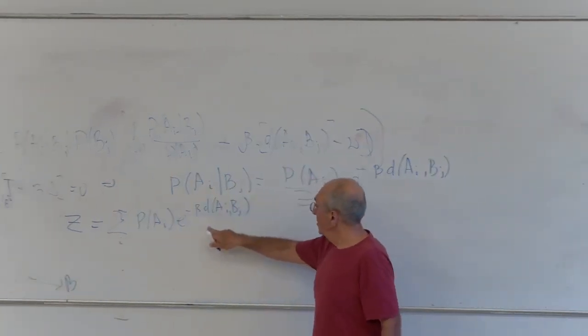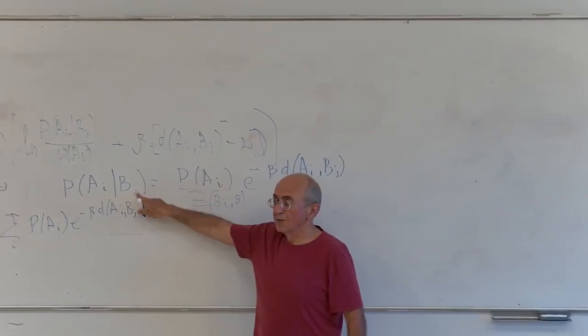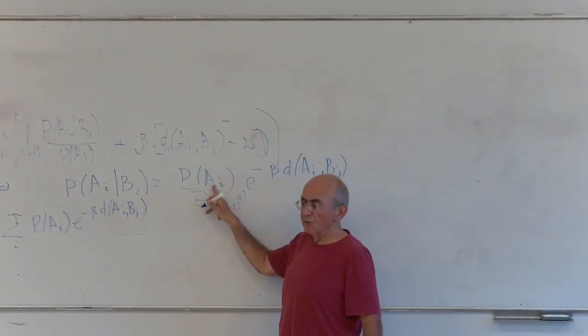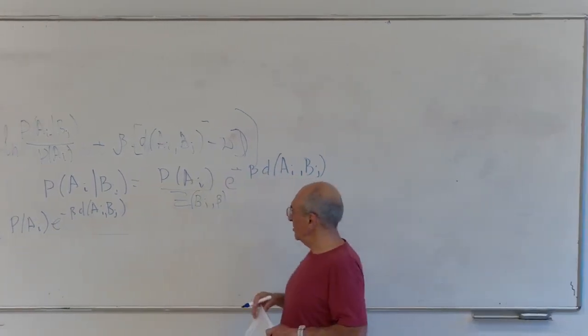So if you divide by this function, then this will be normalized. When you sum over all possible a_i, it would give you 1 when you choose Z in this form. It's just a usual normalization function.